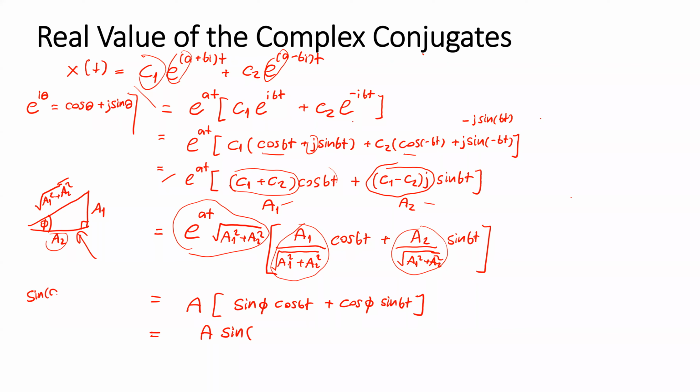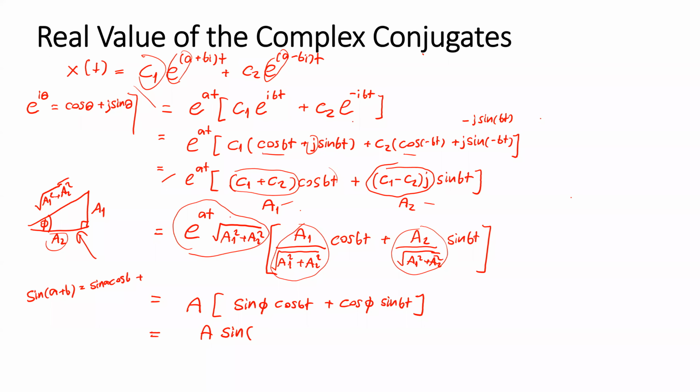Sine A plus B equals sine A cosine B plus cosine A sine B. So here we have sine A cosine B plus cosine A sine B. So we have bt plus phi.